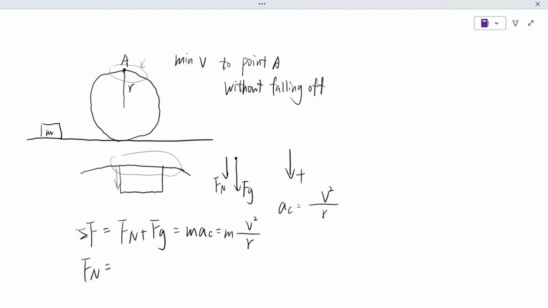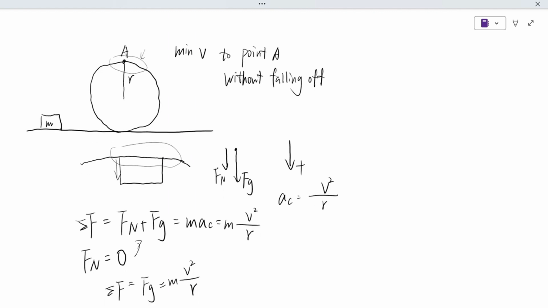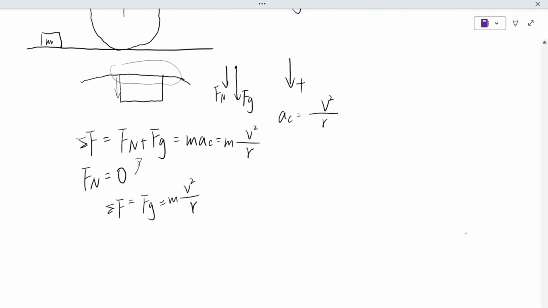So it's basically just zero. Because it is zero, let's put it into this formula. Net force is just equal to Fg, and it's equal to mv squared over r. And this velocity is the velocity we're trying to find, which is the minimum speed.